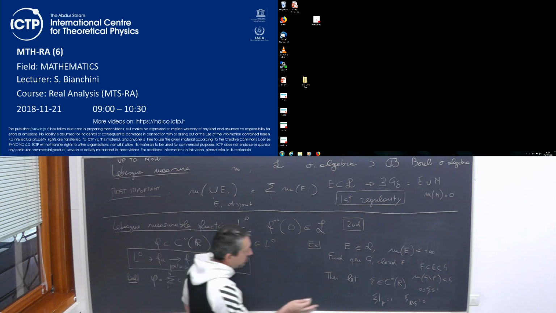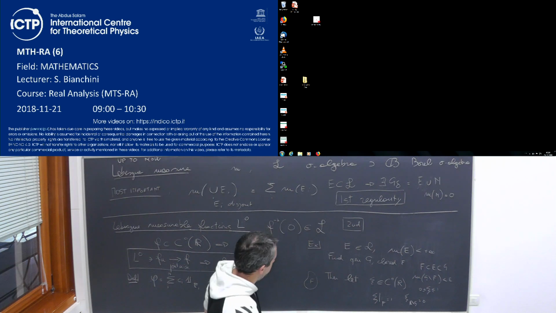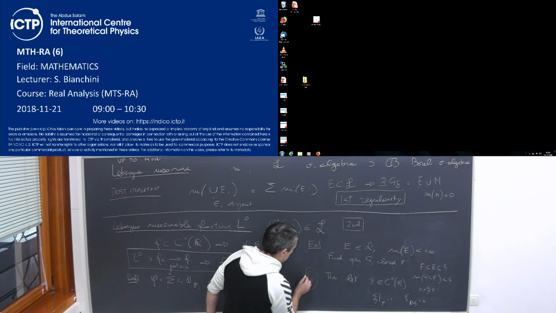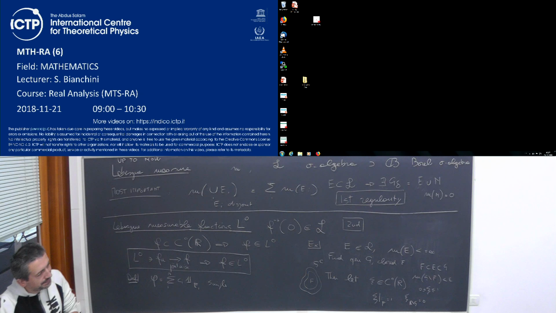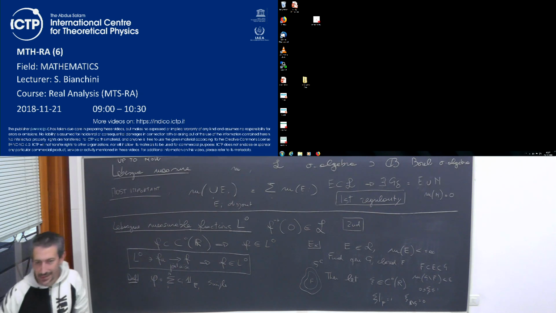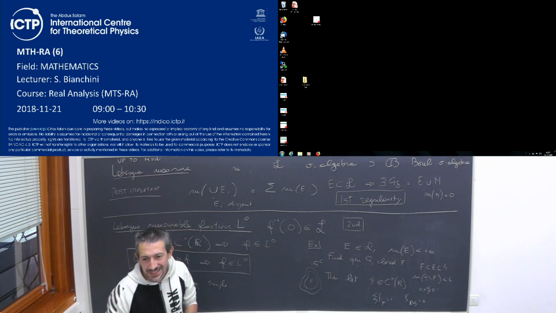Let's make a drawing. Also in R^d, it doesn't matter. So let's say this is F, and this is R minus G, the complement of G. Yes, because that's like a partition of unity, we just take something decreasing in between the two sets.